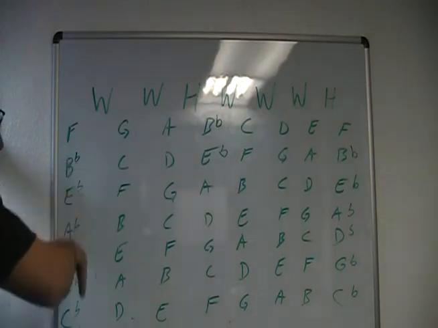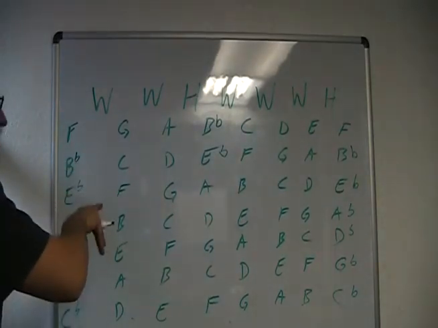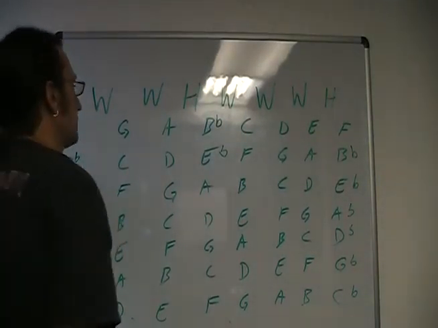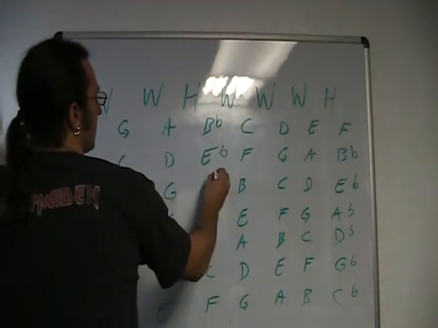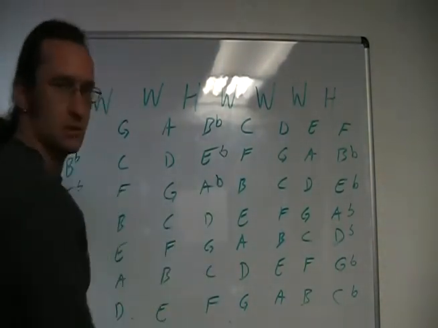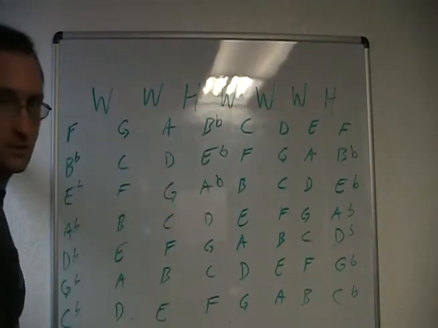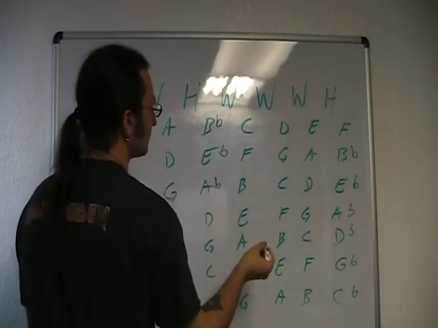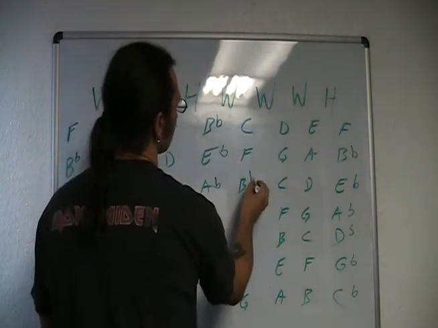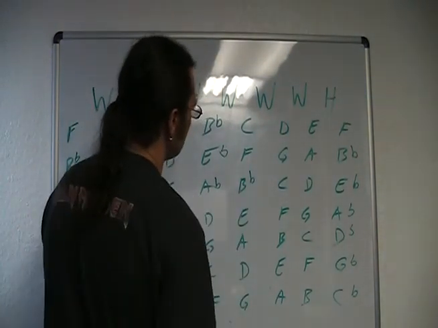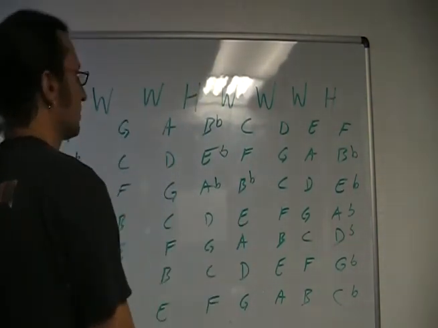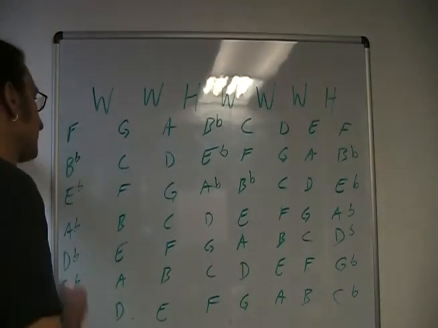So yes, up a whole step is F, whole step to G, half step to A flat. And there's a pattern here. So far the fourth one keeps getting a flat. Whole step to B flat, whole step to C, whole step to D, half step to E flat.